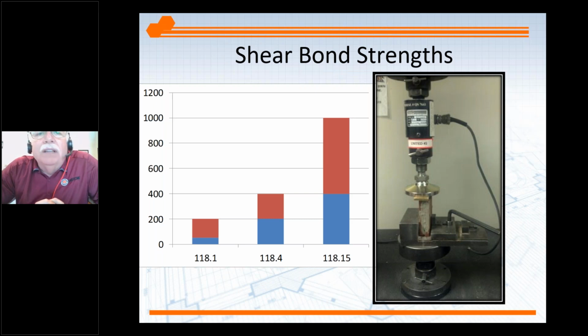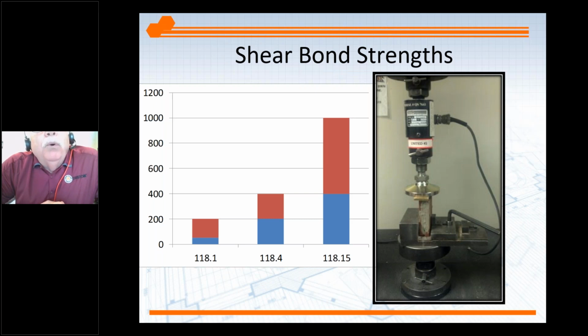Now, of course, the cost is going to go up as you go along this and get greater adhesive strengths. There are more polymers in it, better quality cements, more chemistry, but it gives you more confidence in that mortar that it's going to adhere to that tile or stone.